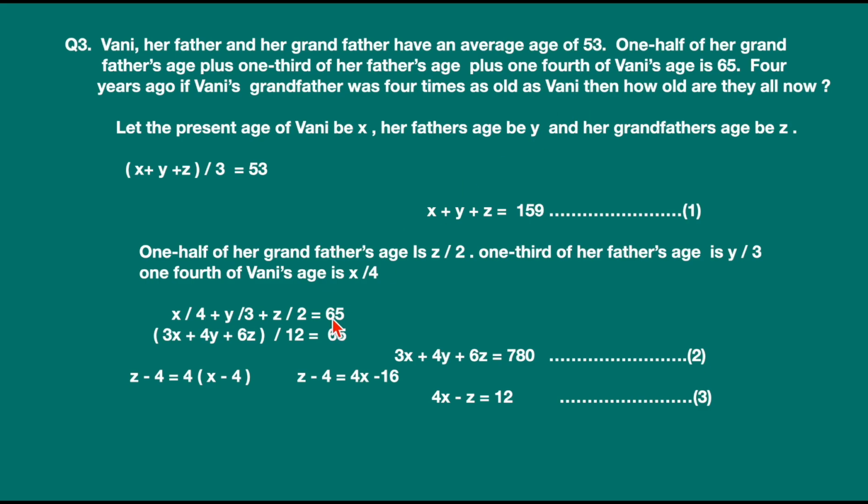X - 4. Four years ago, Vani's grandfather was 4 times as old, so his age was equal to 4 into Vani's age. So Z - 4 = 4(X - 4). Open the bracket and simplify, you will get this equation. So these are the 3 equations.